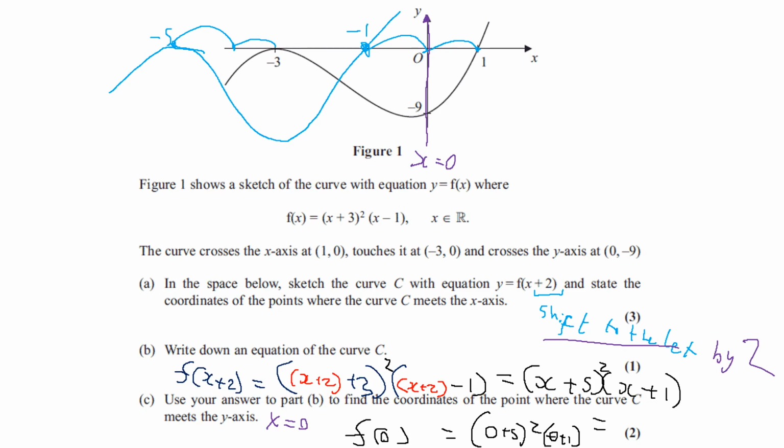So we're left with 25. So now what we've done is combine our knowledge of composite functions to transform a graph.